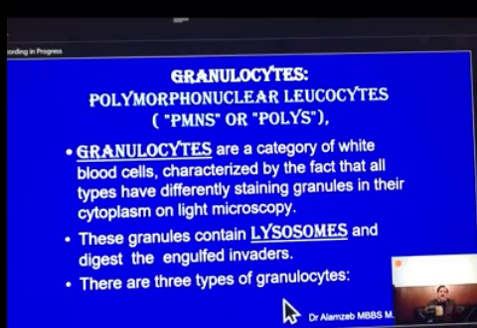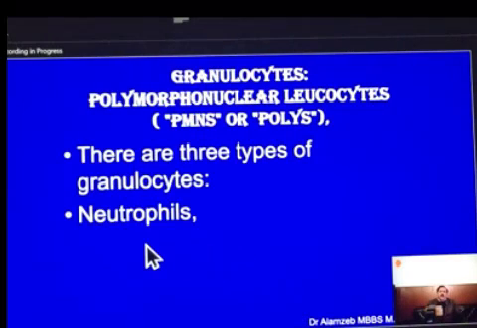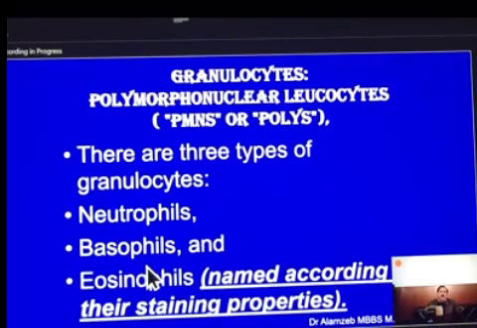There are three types of granulocytes. One type is neutrophil, the other one is called basophil, and the third one is called eosinophil. All these three types of cell contain granules, and the names of these cells are given by the staining property of their granules.